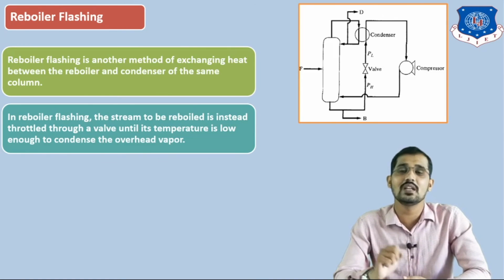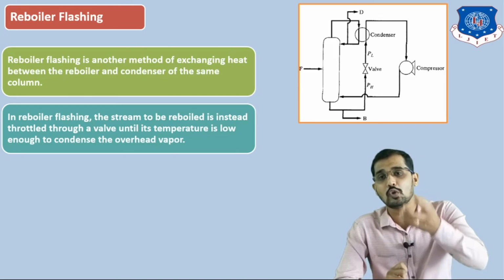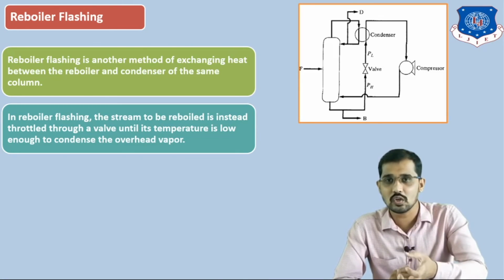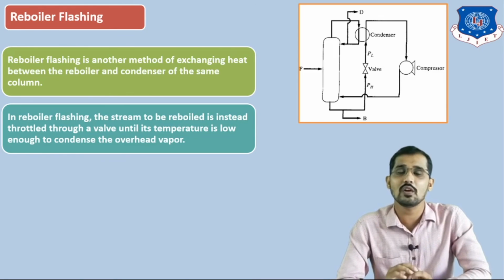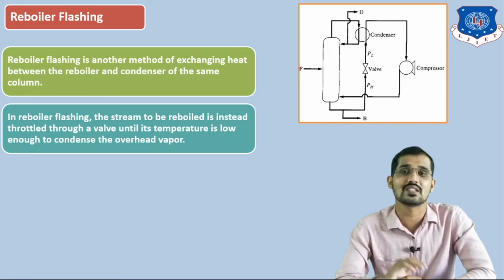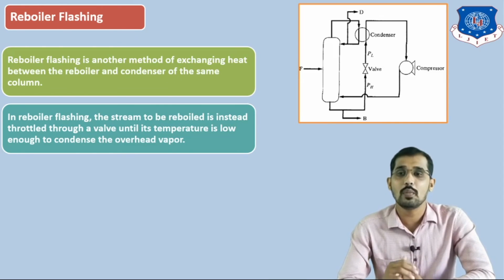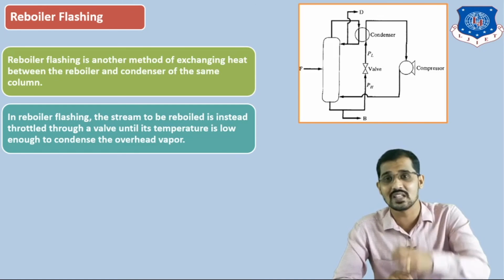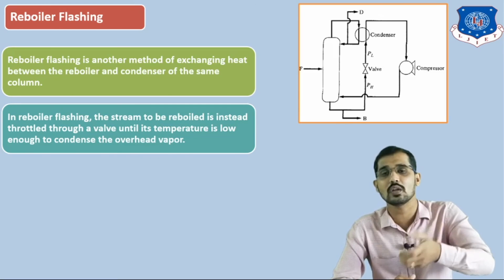After that we have seen vapor compression, where we use vapors coming from the top section of the distillation column as the heating source in the bottom section, but we do not use a condenser. But in reboiler flashing we use a condenser. Whatever vapors come from the top section, we transfer to the condenser.